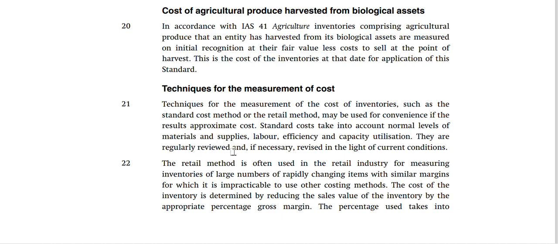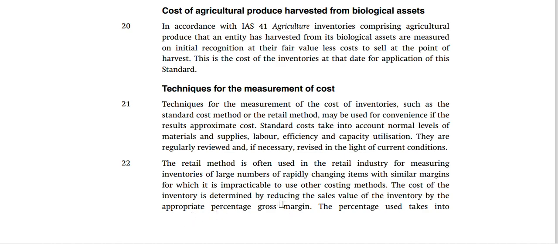These are regularly reviewed and, if necessary, revised in light of current conditions. The retail method is often used in the retail industry for measuring inventories of a large number of rapidly changing items with similar margins, for which it is impracticable to use other costing methods.